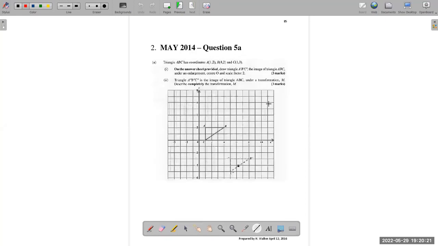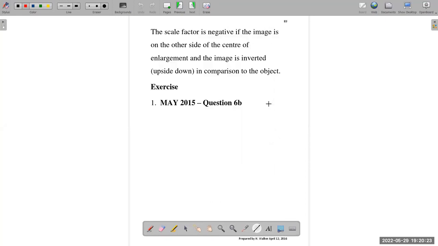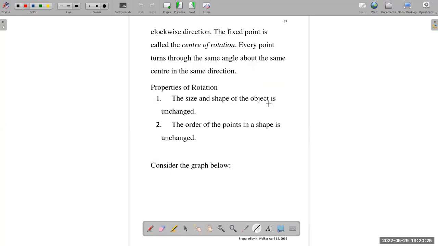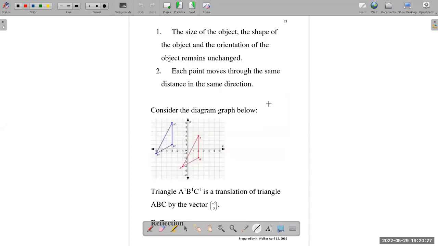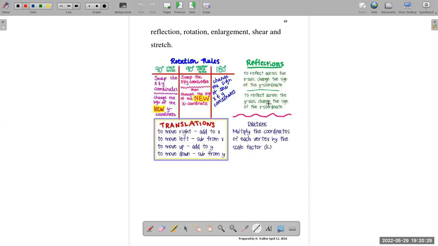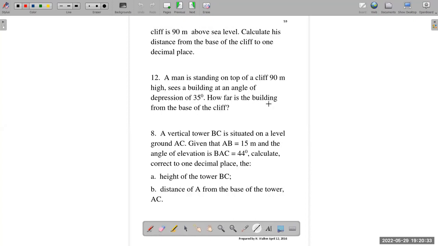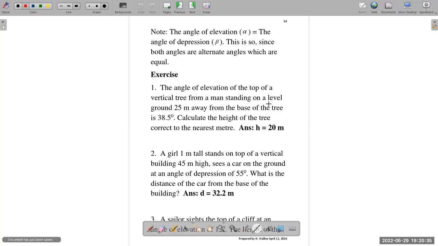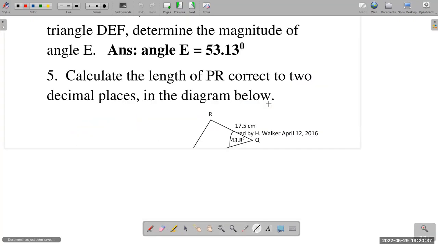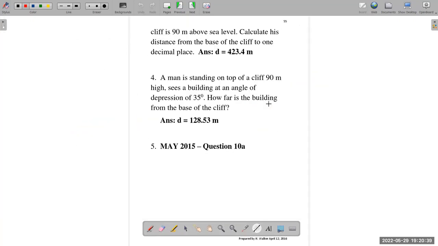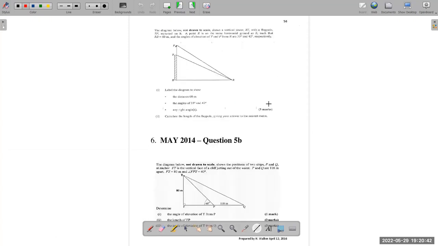So that's the only thing we didn't do last night for matrices. But we definitely killed rotation, transformation. So we're going to stop here at bearings. So I'm going to do one question from angles of elevation and depression and one question from bearings. And then we're done. All right.